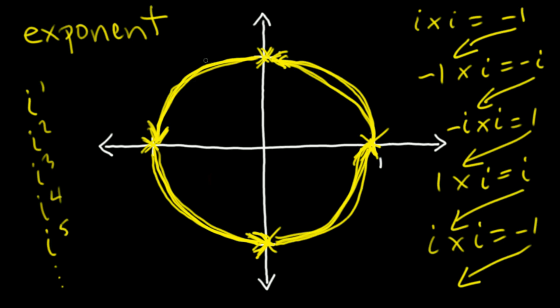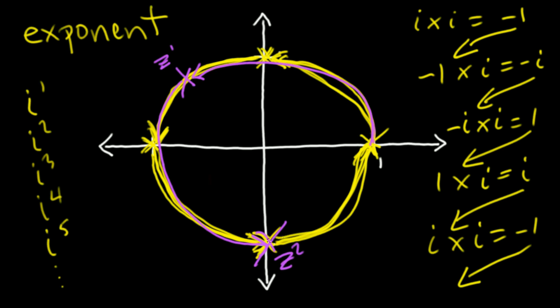Now, we can do this with other numbers. For example, let's take this one that's 3/8 of the way around the circle. Let's call that z. Well, if this is z to the first power, its angle is 3/8 of a turn from the positive real axis. So if we multiply by z again, we go around the unit circle 3/8 of a turn to here, and that's z squared.